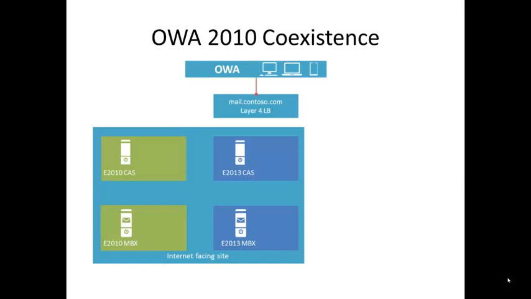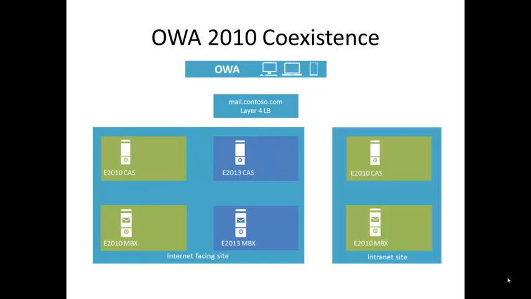In an OWA 2010 coexistence scenario, the client again will be presented the 2013 logon page, but in this case the request is proxied to the 2010 client access server, which will retrieve the data from the 2010 Mailbox server just using the basic RPC protocol. And if we are using an Exchange server in another Active Directory site, again the request will be proxied to the 2010 client access server.